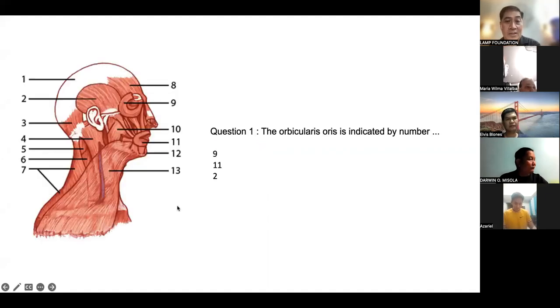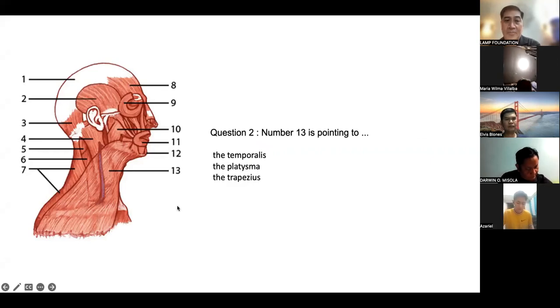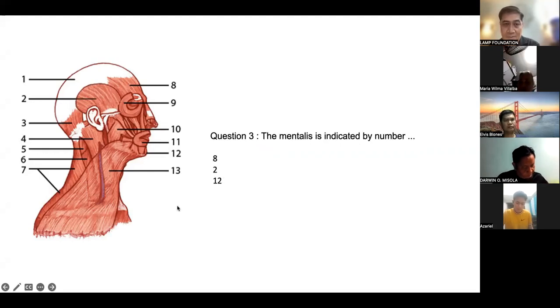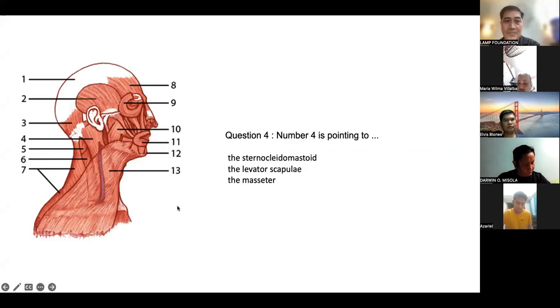The orbicularis oris is indicated by number? 11. Number 13 is pointing to? Platysma. The mentalis is indicated by number? 12. Wow. Number 4 is pointing to? Number 4. No, number 4 is pointing to... Sorry.